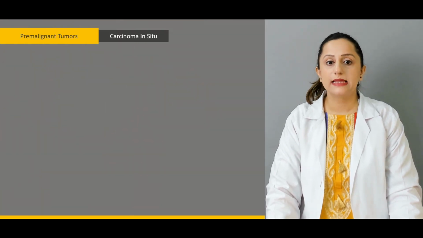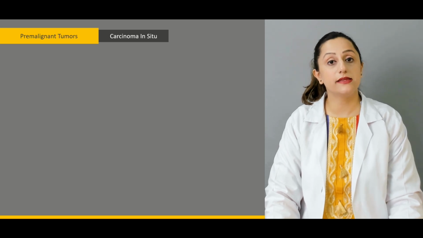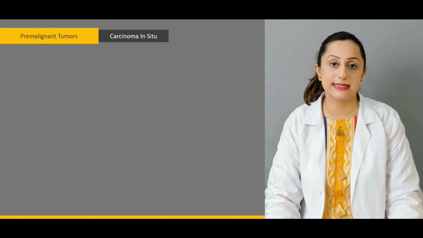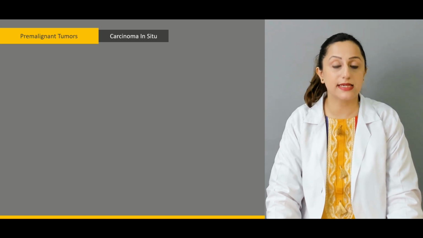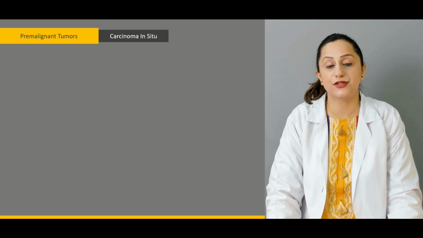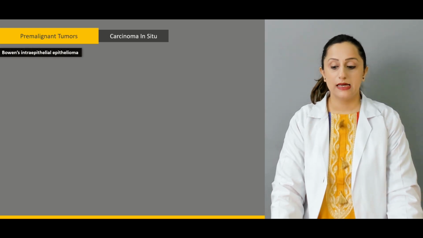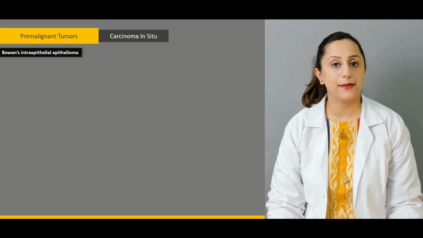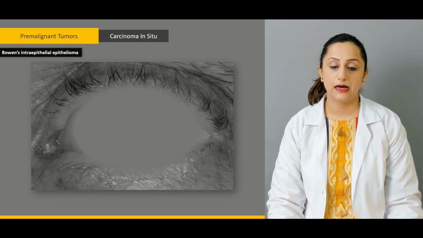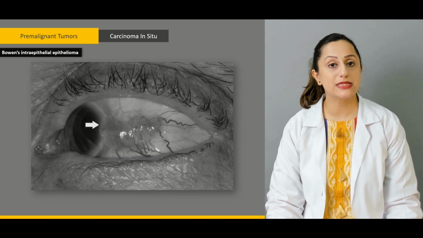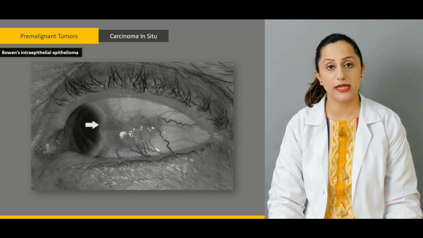conditions. The premalignant tumors are basically also known as carcinomas in situ. They are the tumors that have the tendency to move on, or they can differentiate into carcinomatous conditions as well. The Bowen's intraepithelial epitheliomas are quite notorious over here. It's one of the conditions in which the Bowen's membrane or the basement membrane is involved.